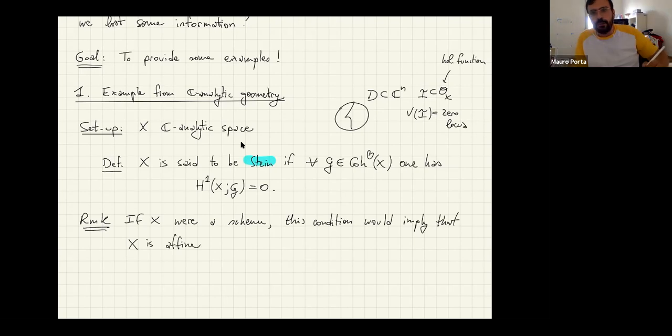This is a Serre cohomological criterion for affineness. And so we could write X isomorphic to Spec A, and so we would get that QCoh on X is equivalent to A-mod.